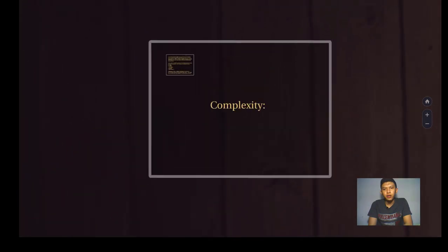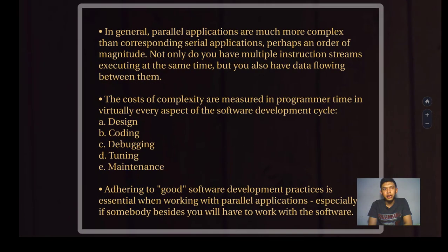And next, complexity. In general, parallel applications are much more complex than corresponding serial applications, perhaps an order of magnitude. Not only do you have multiple instruction streams executing at the same time, but you also have data flowing between them.